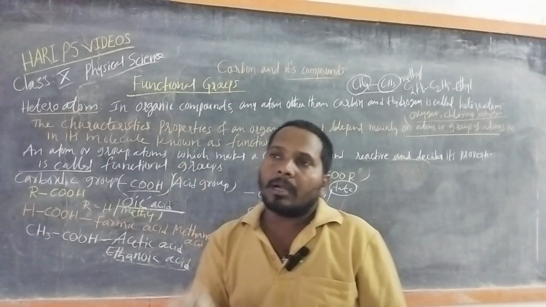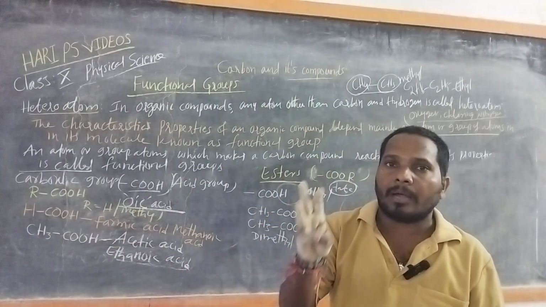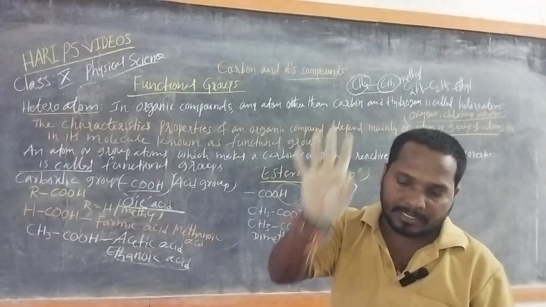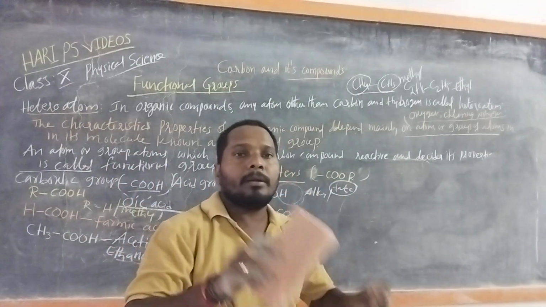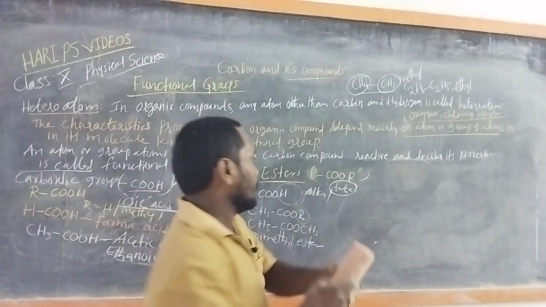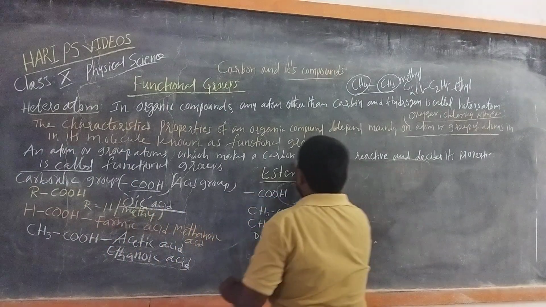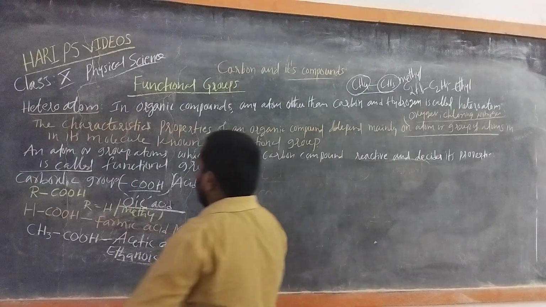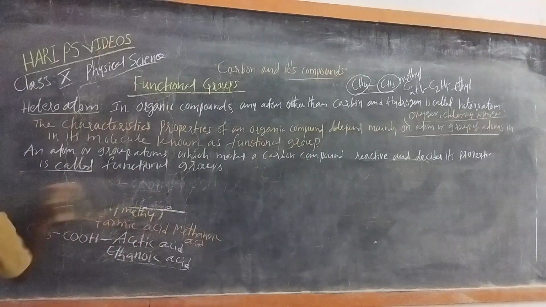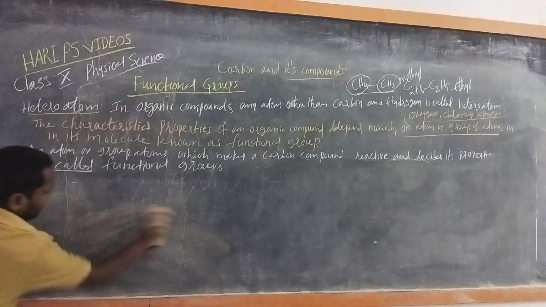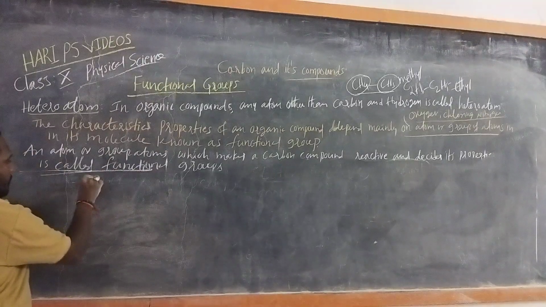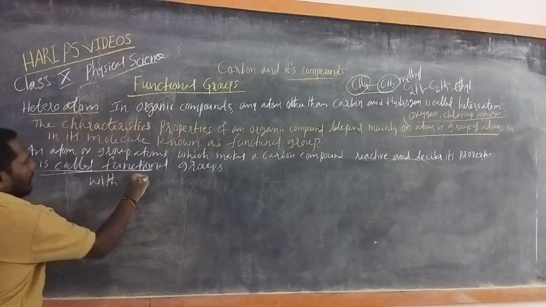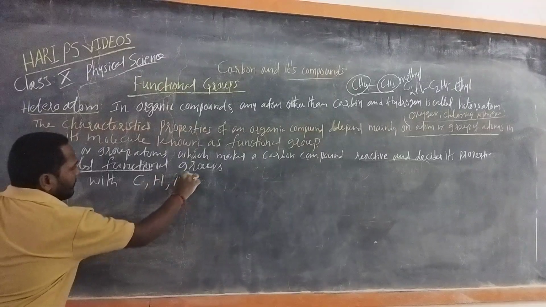These are the functional groups consisting of carbon, hydrogen and oxygen. Then compounds containing carbon, hydrogen and nitrogen: functional groups with carbon, hydrogen, nitrogen.